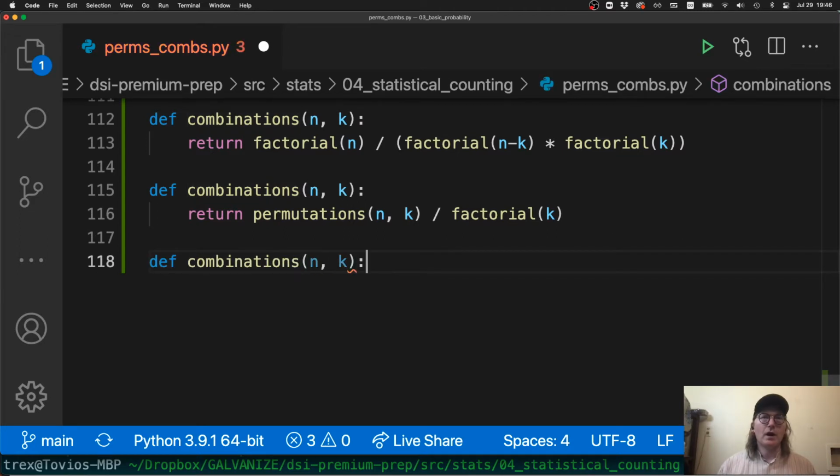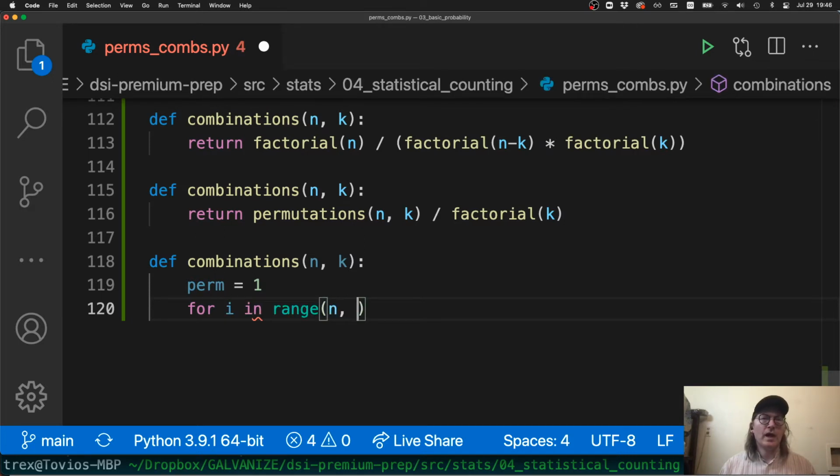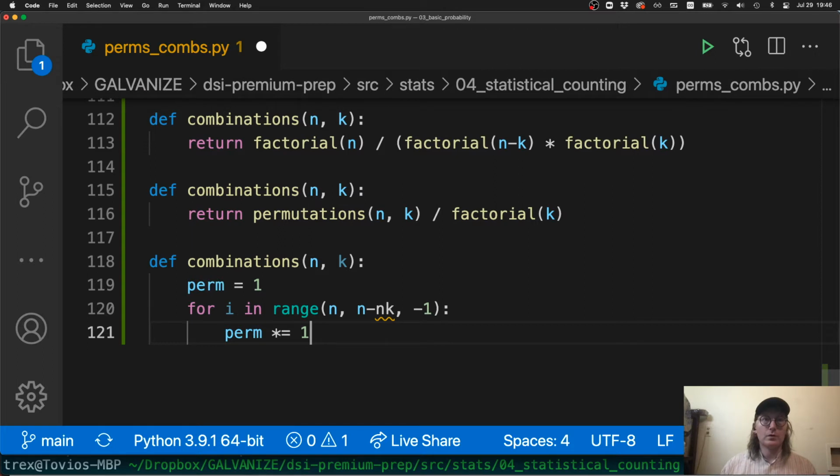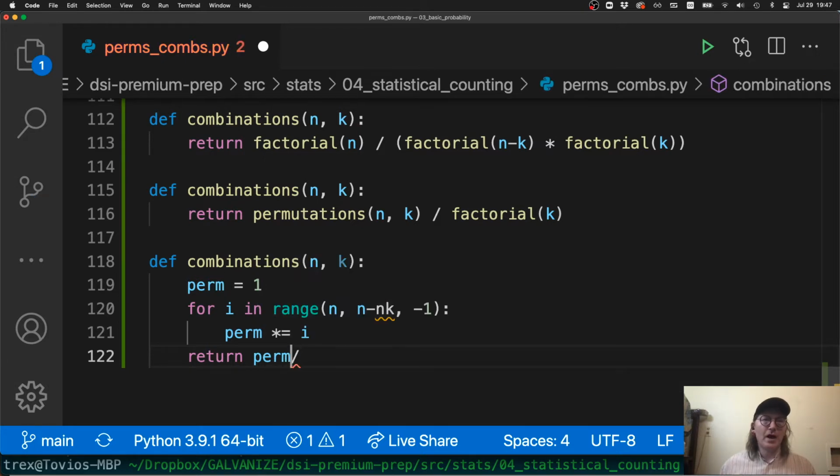But let me write a third form of this, that sort of factorial form. And I'll say for i in range, n to n minus k, going down, right? We're going to do that, and then we can return the permutations divided by factorial of k.